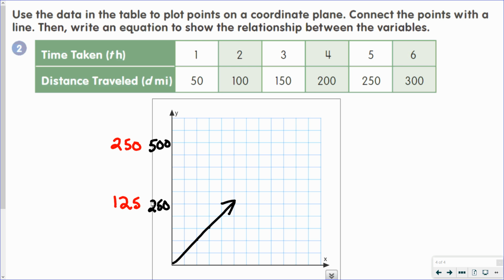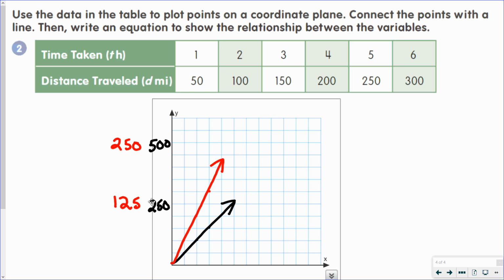So you're going to go to the right 1 and up 2. 2, 100, you go to the right 2 and up 4. 3, 150 would be to the right 3 and up 6. But still, you're going to have that line. And both of these answers would be correct based on how you're setting up your x and your y axis.